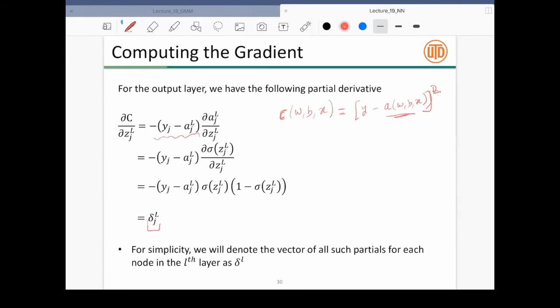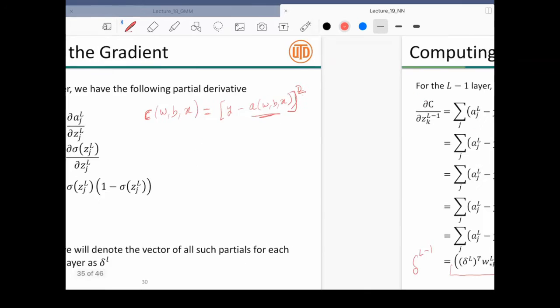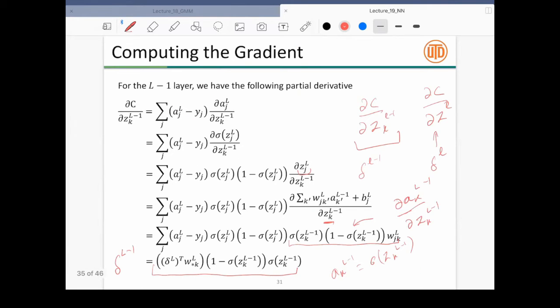I'm just trying to understand how we got the first line in the first place. Okay, so the first line is basically trying to express the function c as this derivative with respect to a.